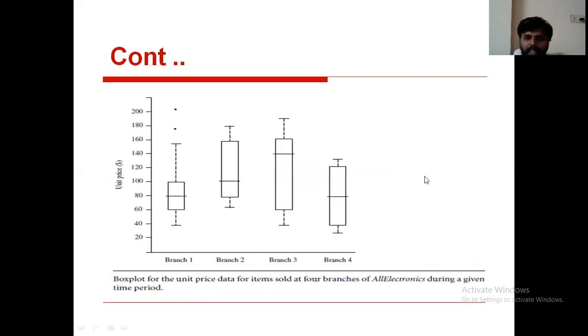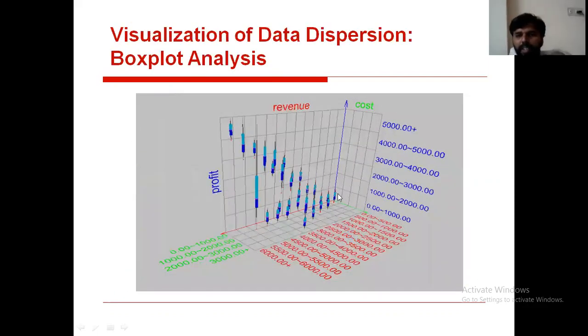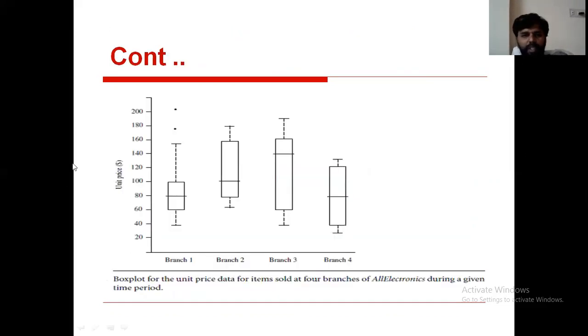See, this is the two-dimensional representation of a box plot. The earlier one was the three-dimensional representation of a box plot, right? Here we are considering only 2 dimensions. The x-axis shows branch information: branch 1, branch 2, branch 3, like this. And the y-axis shows unit prices.